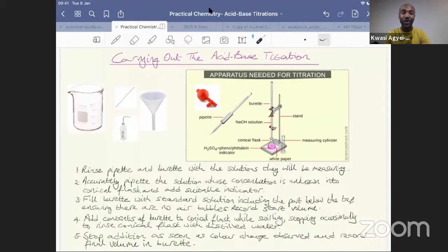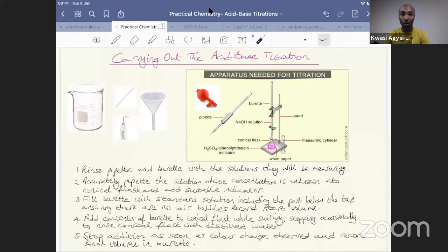But you're going to add your sodium hydroxide drop-wise, drop by drop, so that you're very careful not to overshoot the endpoint. Okay, so you want the palest pink possible in this example, where we're adding sodium hydroxide to our sulfuric acid.